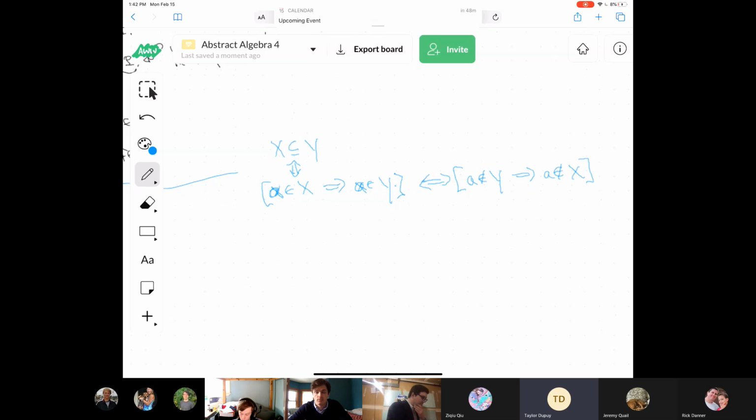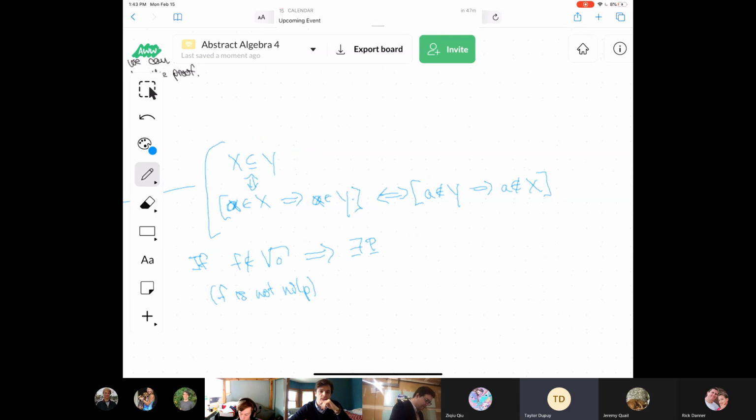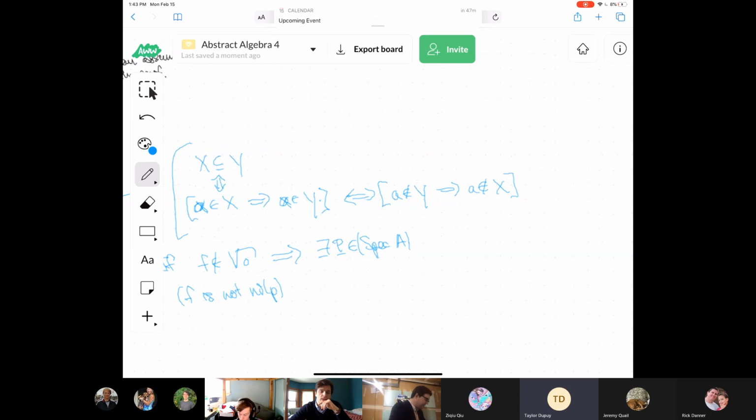So what we're going to show is that if f is not nilpotent, then there exists a prime ideal such that f is not in the prime ideal.